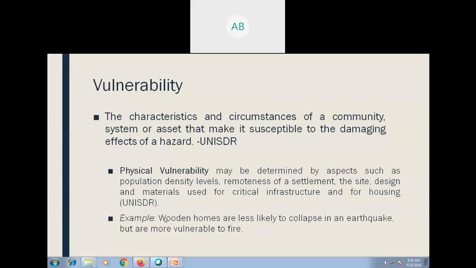So this example is for a wooden house, which is less likely to collapse in an earthquake, but more vulnerable to fire. Okay, so can you, in your own judgment, think of a different physical vulnerability? Probably just think whenever the class is over, and then let us come open for discussion maybe some other time.